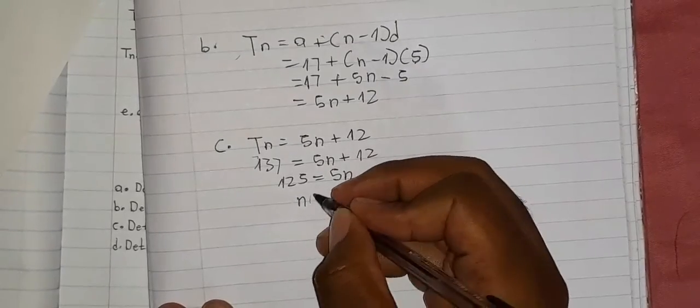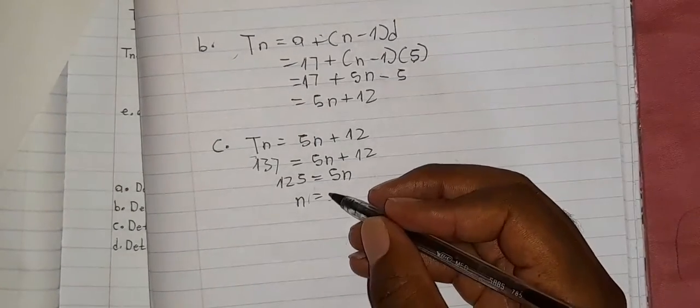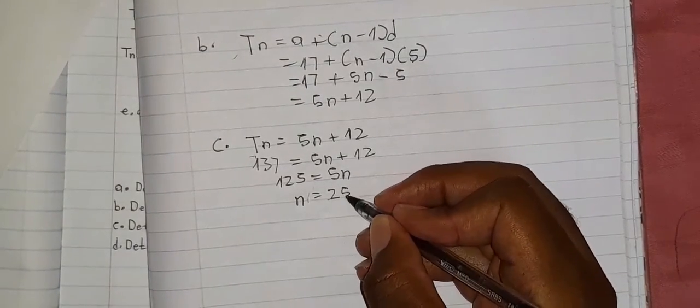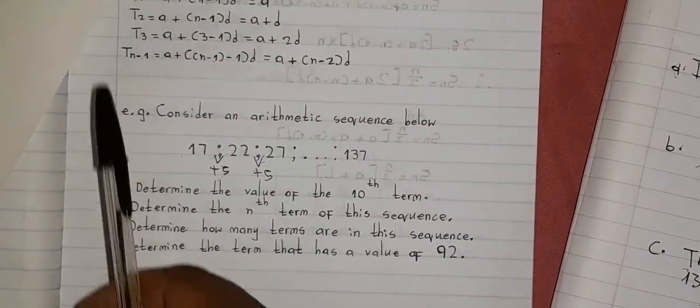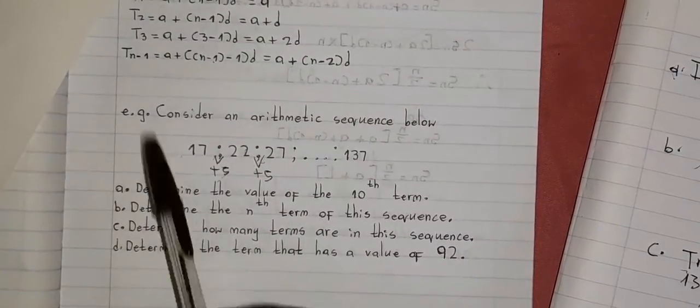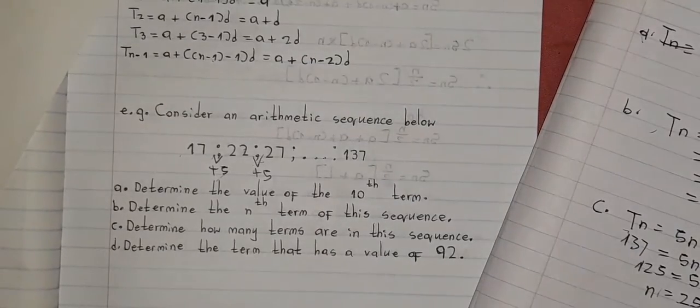So n is equals to 125 divided by 5, which gives me 25. So we have 25 terms in this sequence. From 17 to 137, we have 25 terms.